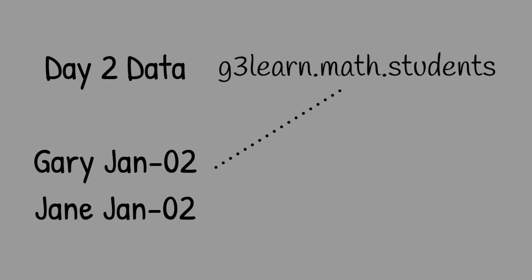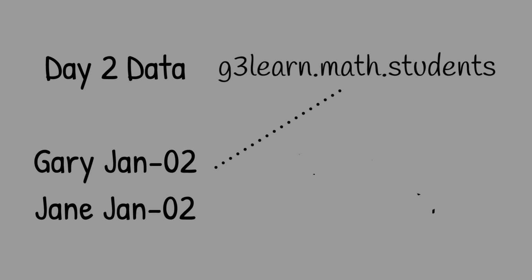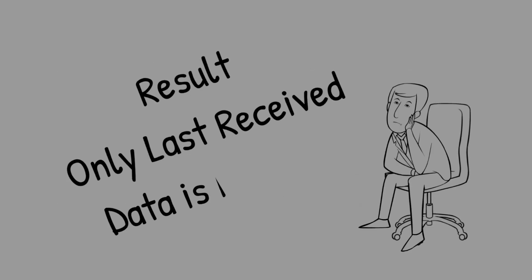Now if you display the data from gen3learn.math.students, you will no longer see Mary Jan 1 and John Jan 1. Instead, you will see only the data received last, Gary Jan 02 and Jane Jan 02. So the end result: the file is always overwritten and only the last received content is stored in the file.